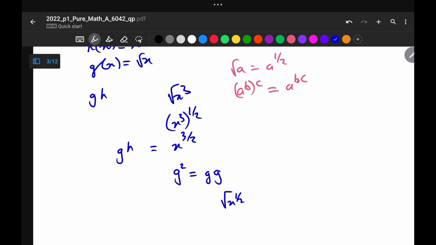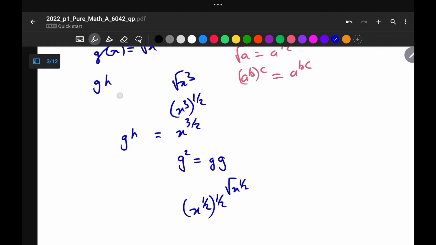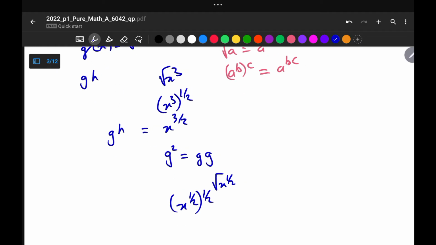So we can now say it is x raised to the power half raised to the power half again. So we are going to multiply these powers, and half by half gives us 1 over 4. So our g of g is equal to x raised to the power 1 over 4.